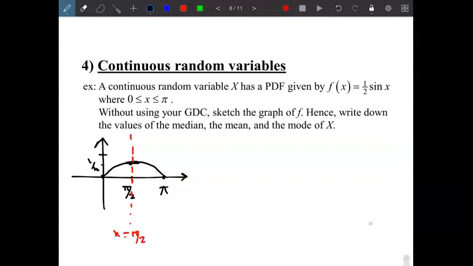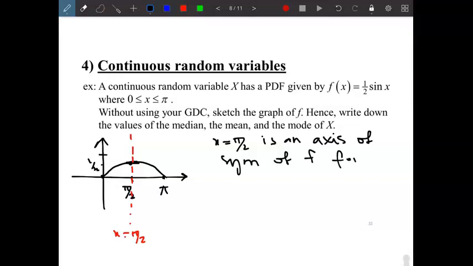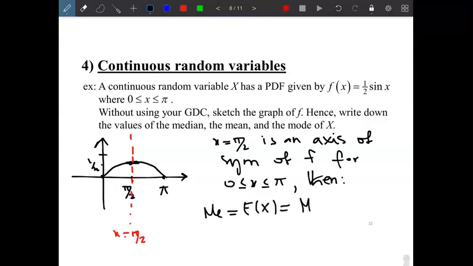So over here, we're going to say that x equals pi over 2 is an axis of symmetry of f for x between 0 and pi, of course, because if you change the interval, the axis of symmetry could change, or we could lose the symmetry in that case. So then, in this case, we have the median equals the expectation equals the mode equals pi over 2.